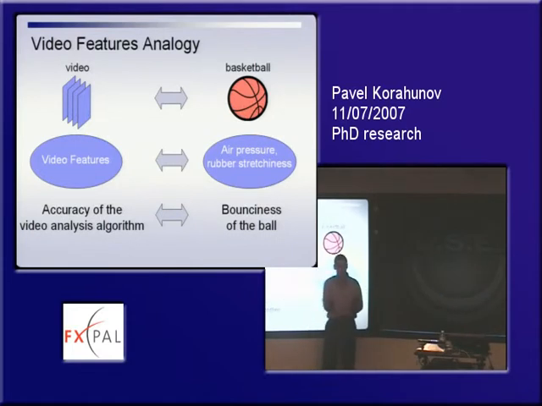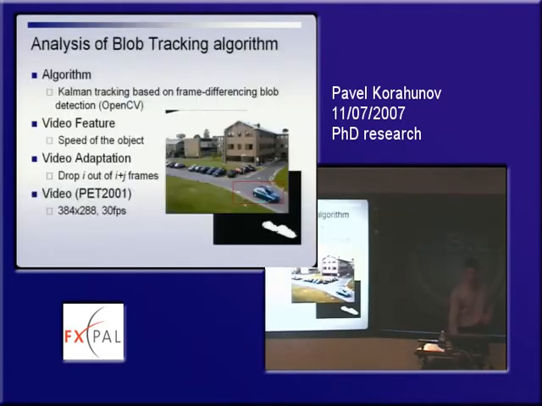Here we want to reduce the video bitrate, and there we want to reduce the cost of the ball, right? So you want to find the optimal combination of video features for the minimal bitrate. So we did that.